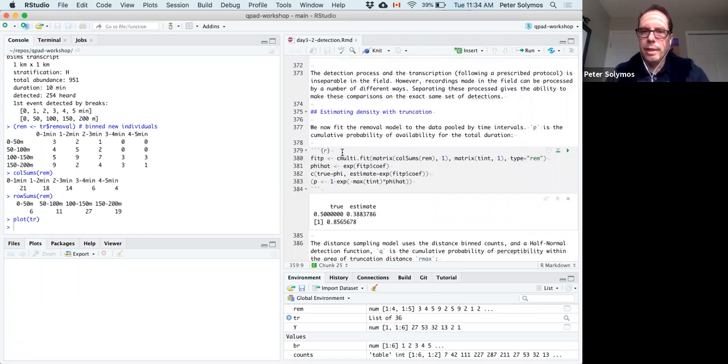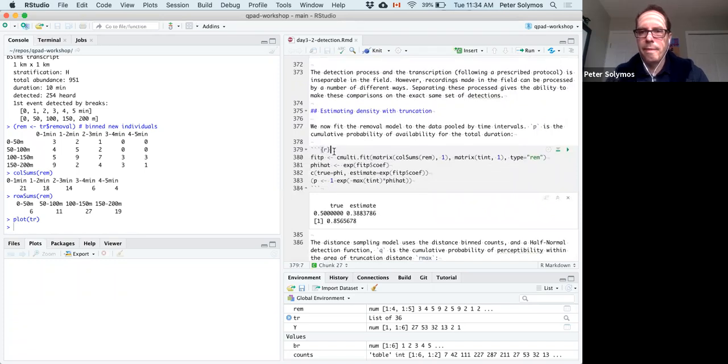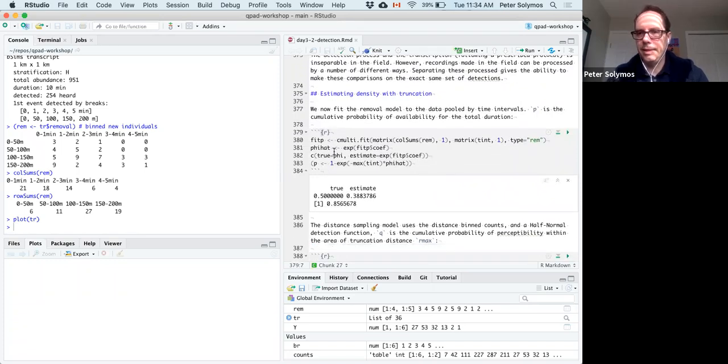So what we can do here is let's estimate density. So first we need to use the column sums and REM, that means our removal table. So this one here, rows, columns going for distance and time intervals.